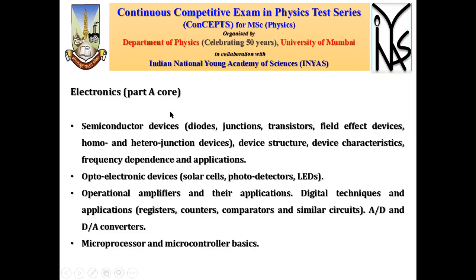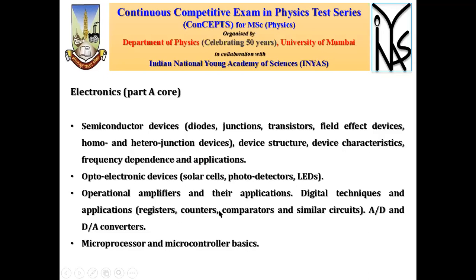Basically, I have covered this from the NET syllabus. So electronics part A is a core where you have semiconductor devices, diodes, junction, transistor, field effect devices, homo and heterojunction devices, device structure, device characteristics, frequency dependence, and applications. Optoelectronic devices, solar cell, photo detectors, LEDs, and other devices.